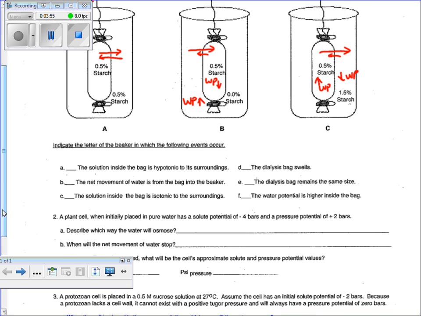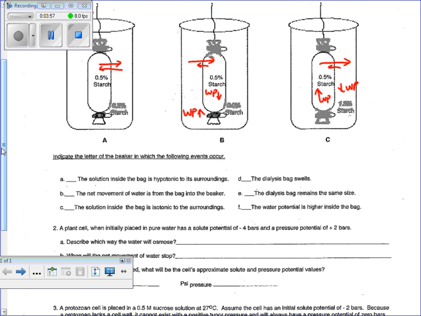So then there were some questions to respond to to that. The solution inside the tube is hypotonic to its surrounding. I know it's telling you where to use the term. In this case, it's saying refer to the inside of the tube. So if it's hypotonic, it should have less what? Less solute. Should have less solute.